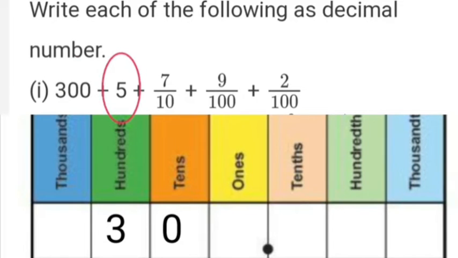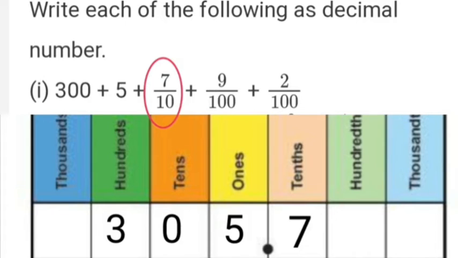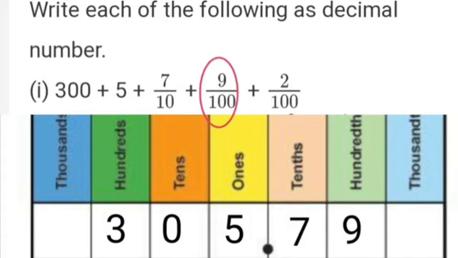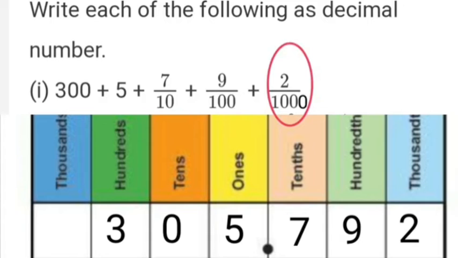They are given 5 ones, so we should write 5 in the ones place. 7 tenths they have given, so we should write 7 in the tenths place. They have given 9 hundredths, so we should write 9 in the hundredths place. Finally, we should write 2 in the thousandths place, which is equal to 305.792.